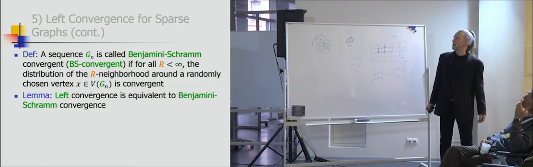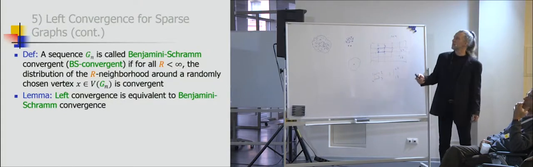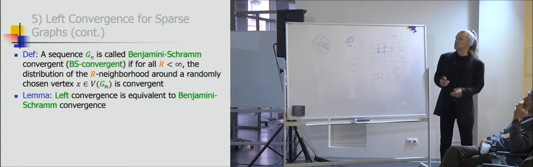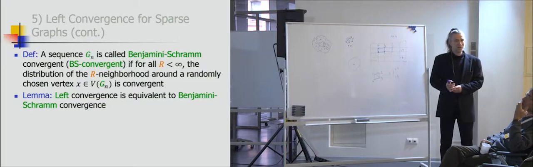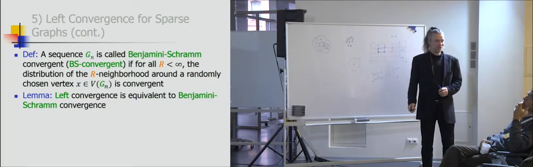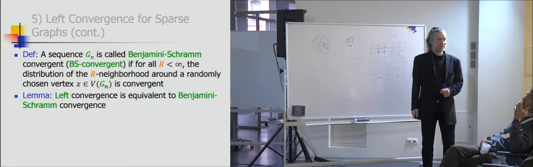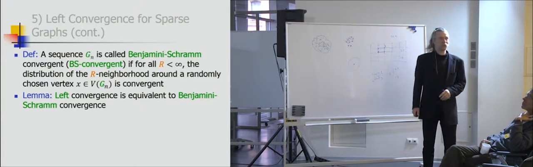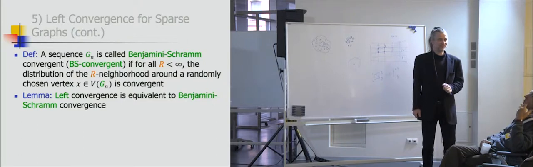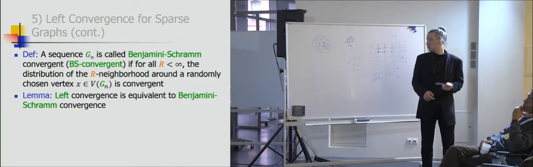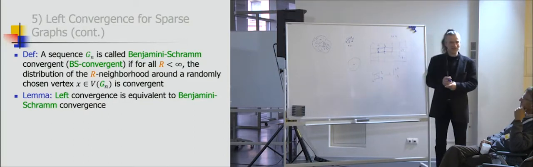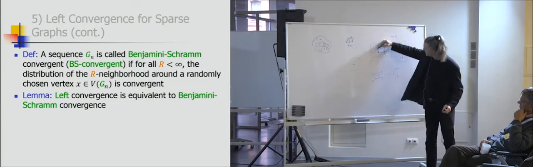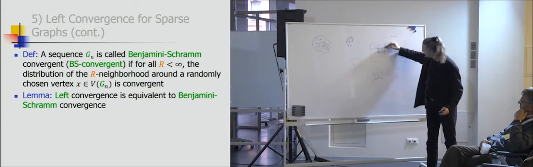And answering Remco's question, left convergence is equivalent to Benjamini-Schramm convergence for bounded degree. For bounded average degree, that's not true. However, it's true if you formulate it correctly. You have to do what Jennifer did: you shouldn't count just homomorphisms, you have to know what the degree is.